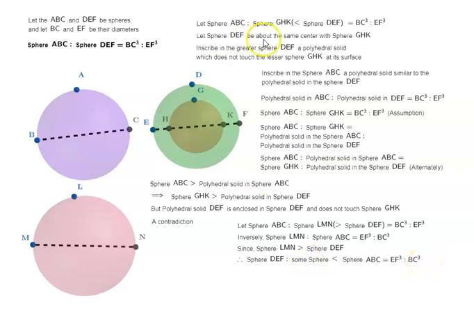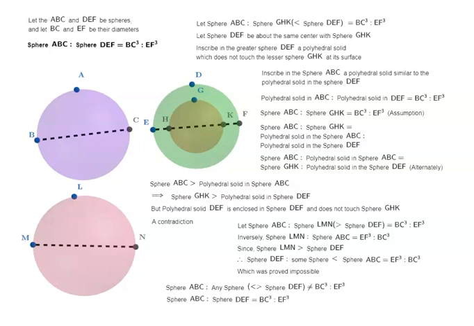This brings us back to the first case, which we have already proved that it is not possible. So since it was proved impossible, we can say sphere ABC is to any sphere less than or greater than sphere DEF is not equal to the triplicate ratio of BC is to EF.